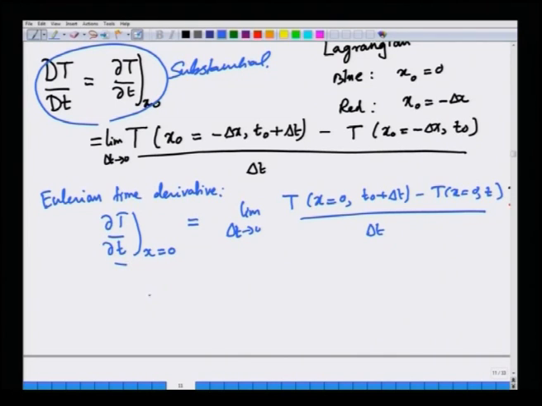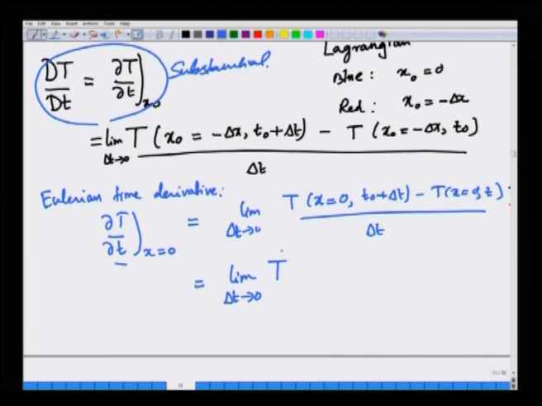In very simple terms, we simply take this and then add and subtract the following quantity. Okay. First we realize that x equal to 0, t naught plus delta t is nothing but, okay. So, we could also do something similar. Instead of doing it at x equal to 0, you can call it x, that is okay. So, this is perfectly fine. So, I am going to relabel the Eulerian independent coordinates with Lagrangian independent coordinates, okay.